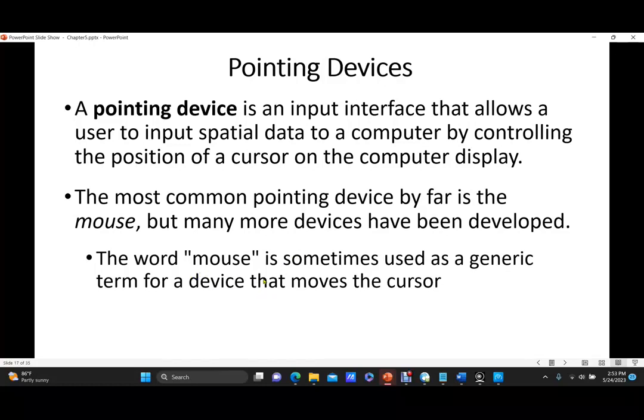Sometimes the word mouse is used as a generic term for a pointing device, for a device that moves a cursor, which gives you an idea how dominant the use of the mouse is as a pointing device.